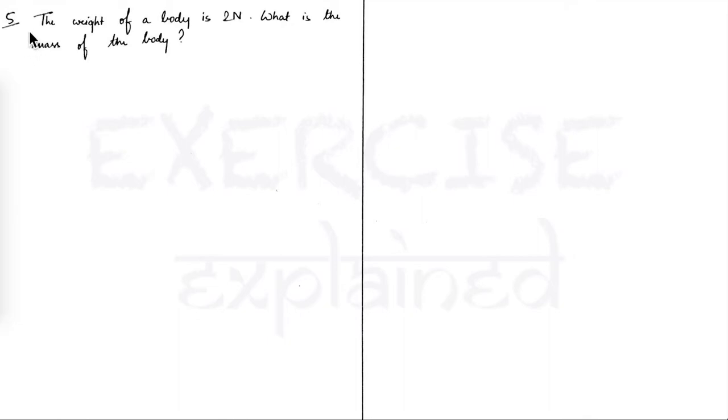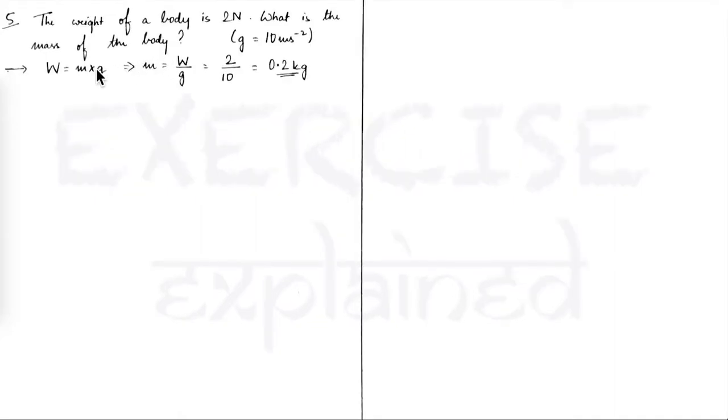So question number 5, the weight of a body is 2 Newton. What is the mass of the body? So here we would be using W is equal to M into G formula, and we would be finding the M from that formula.